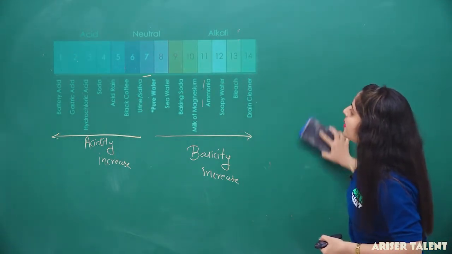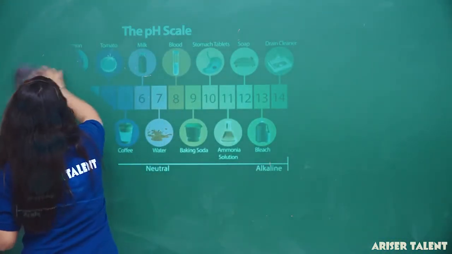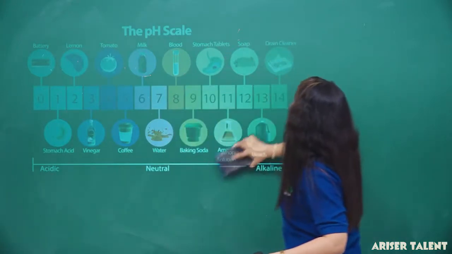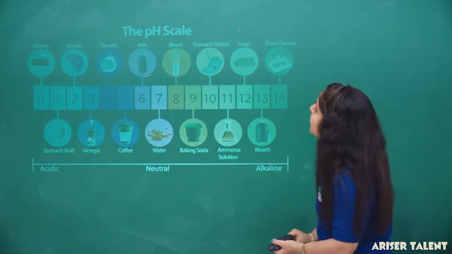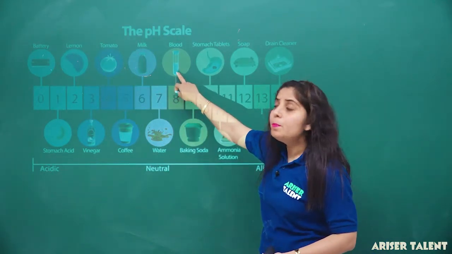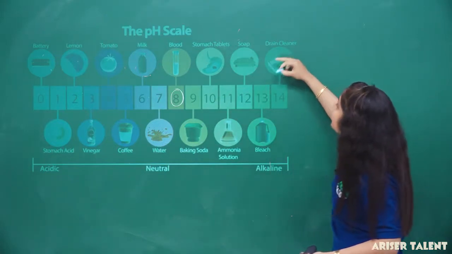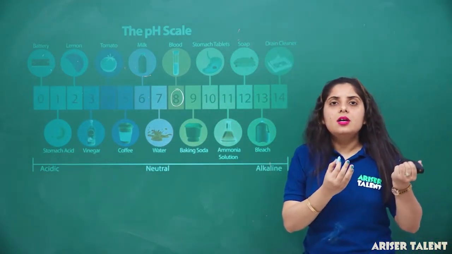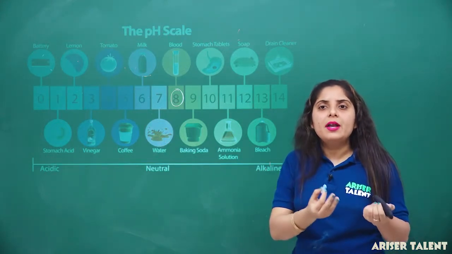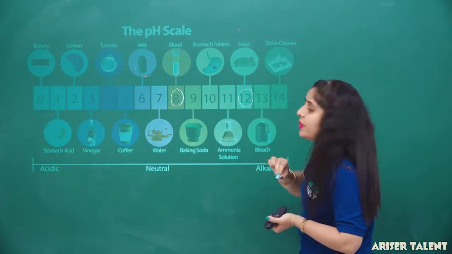So our next example is this pH scale for various solutions. Now if I am considering blood, it has a pH of 8 here. If I am considering soap, which is a complete base, it means it is a solution or mixture of potassium hydroxide or sodium hydroxide, it will have a pH of 12.